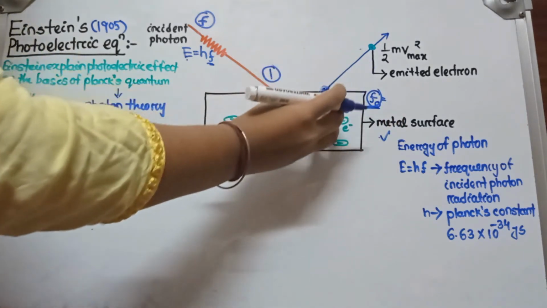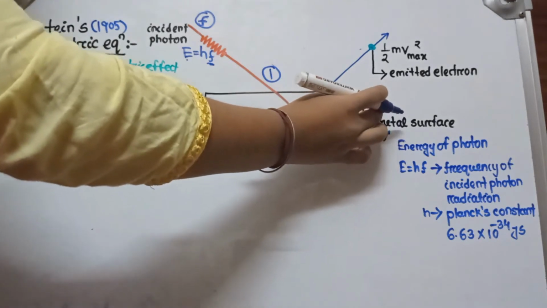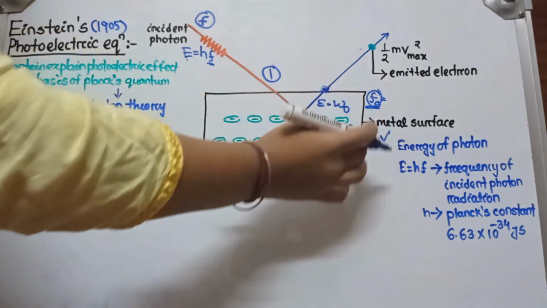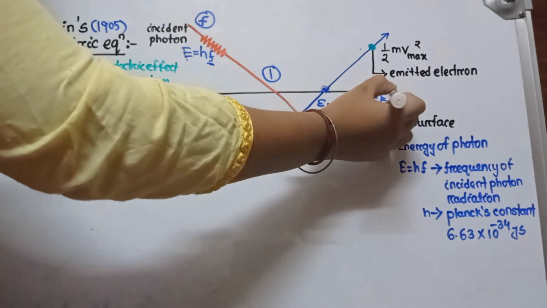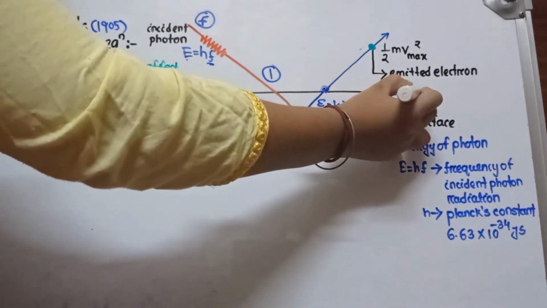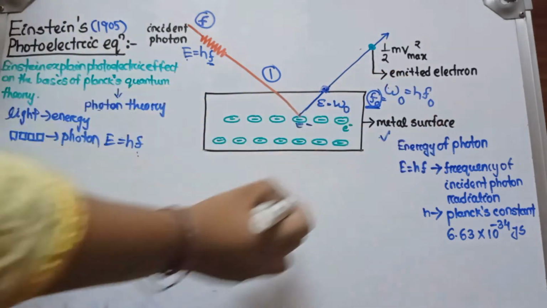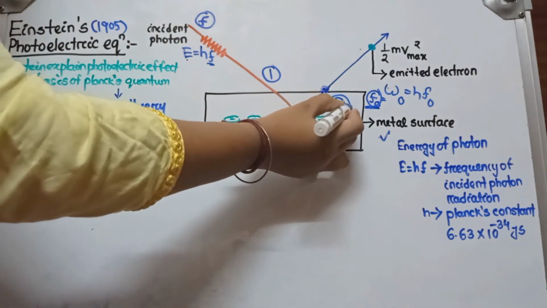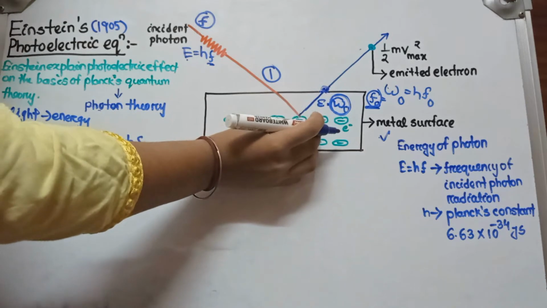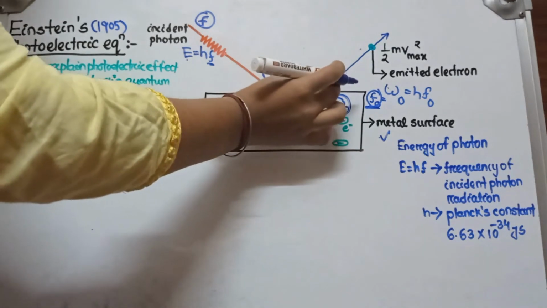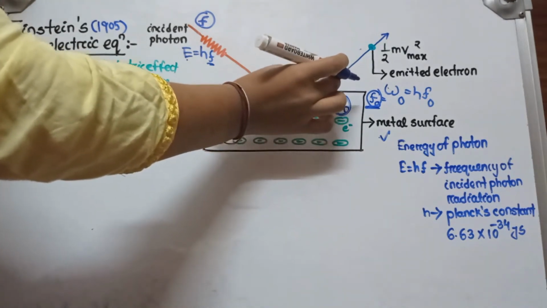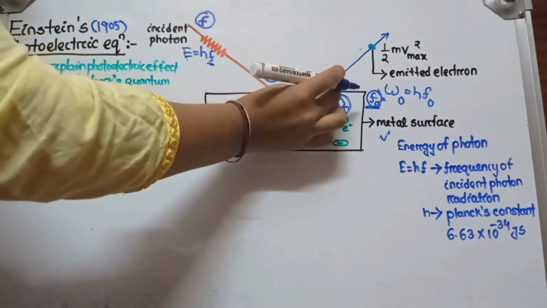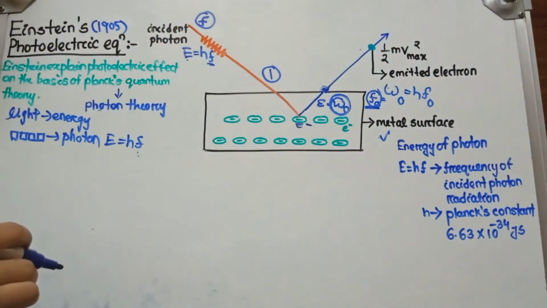Liberation of electrons takes place at this minimum frequency, and the work function W0 equals hf0. This amount of energy, the work function, is used by the electron to reach the metal surface. When it reaches the metal surface, it moves in a particular direction.